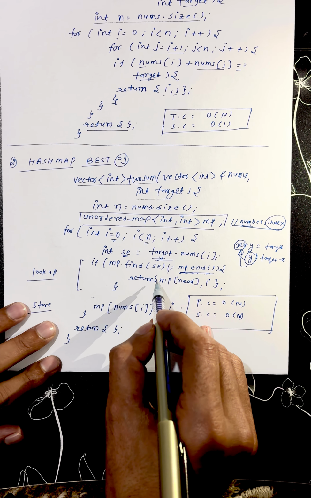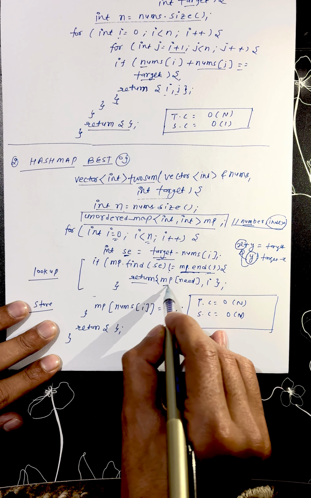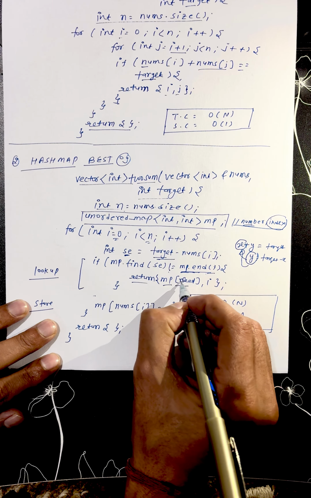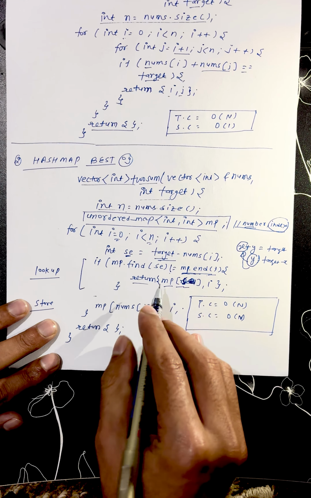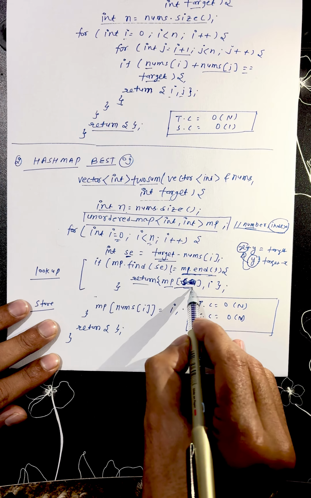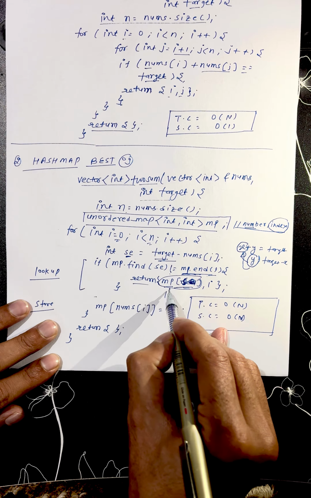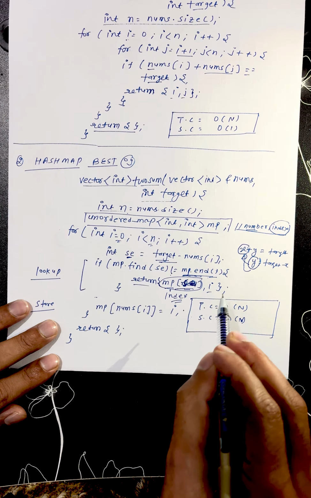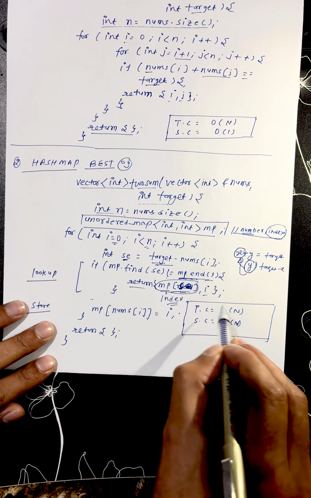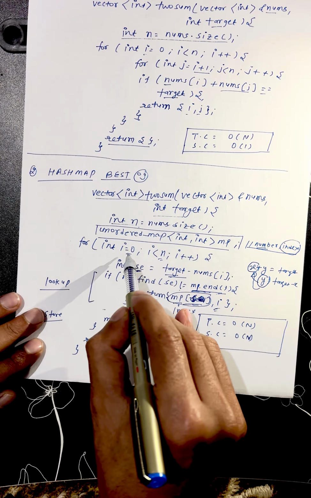So if the element is already present in the map, we directly return mp of searching element. This is the index of the searching element, comma i, where i is the current element.